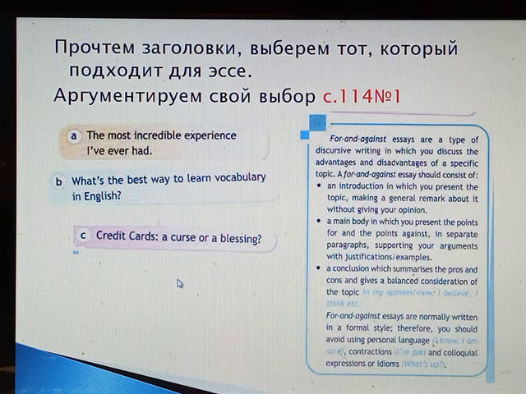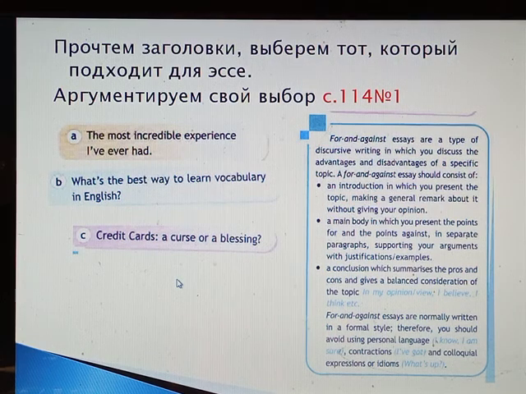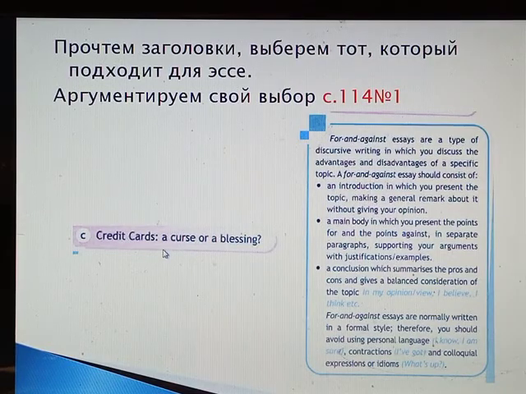Внимательно прочтите заголовки, подумайте, какой из них может быть заголовком для эссе «За и против». The credit card. A curse or a blessing. Вам предлагают порассуждать о преимуществах и недостатках кредитных карточек.